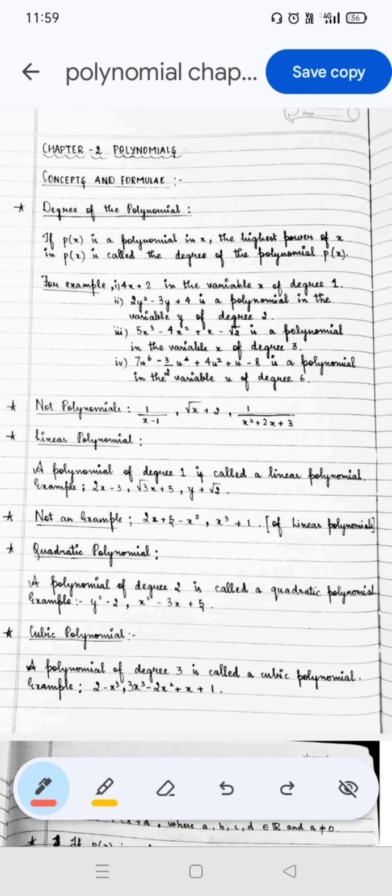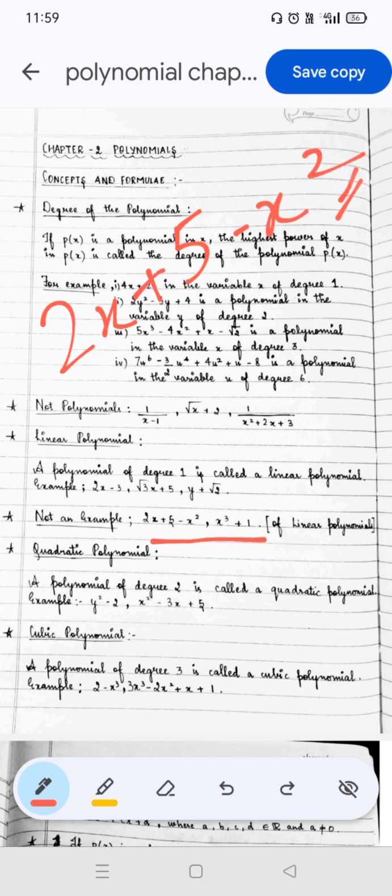And here there are some examples like 2x plus 5 minus x square and x cube plus 1. We can say that 2x plus 5 minus x square, here we can see that x square, power 2, is the greater one.